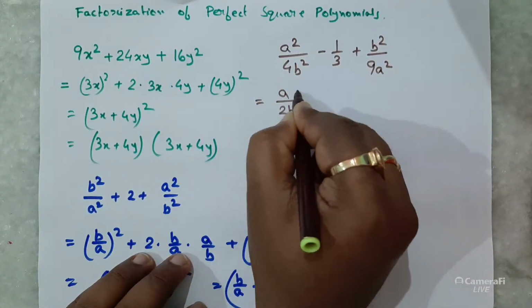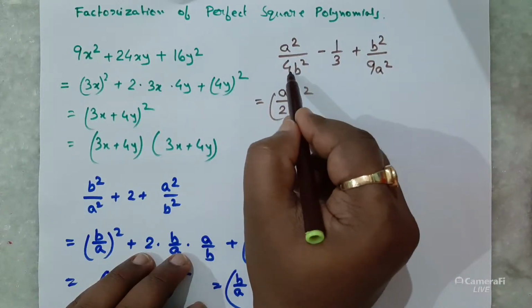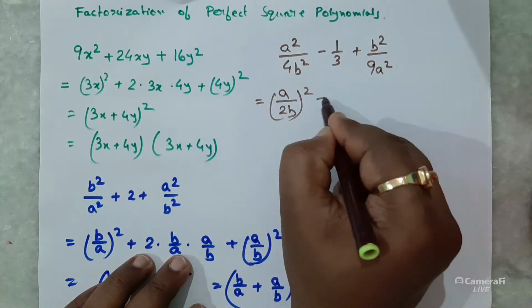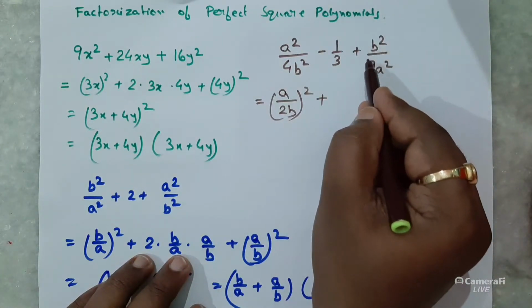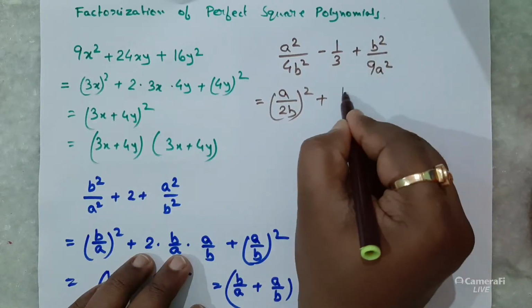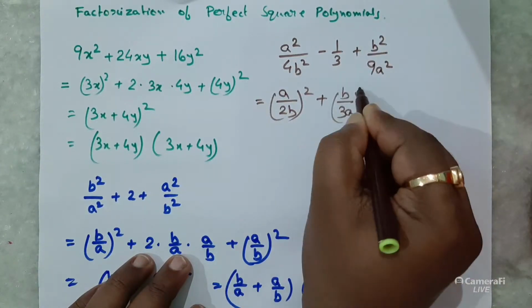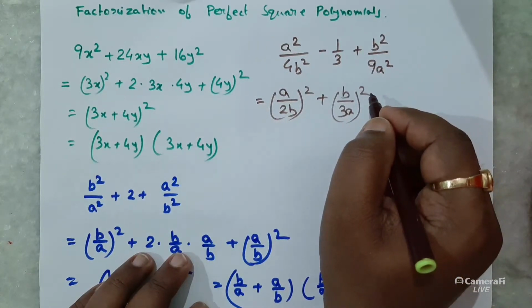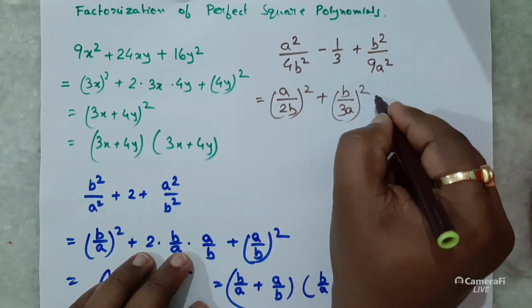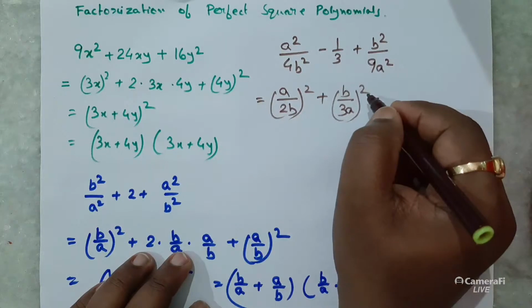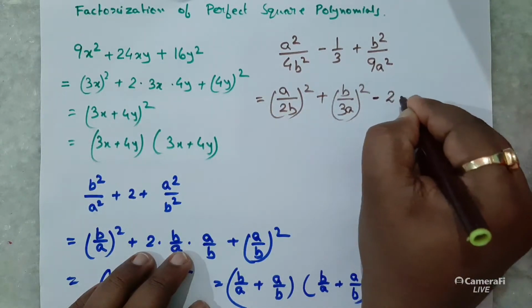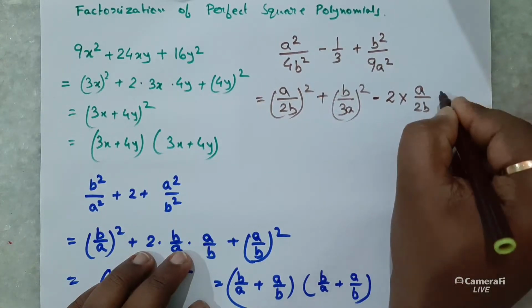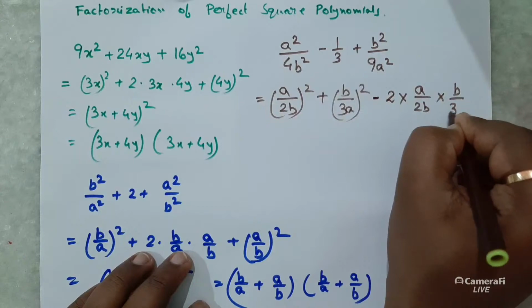We can write a square by 4b square as a by 2b whole square, plus b by 3a whole square. Now 1 by 3, I am going to write it as, suppose, 2 into a by 2b into b by 3a.